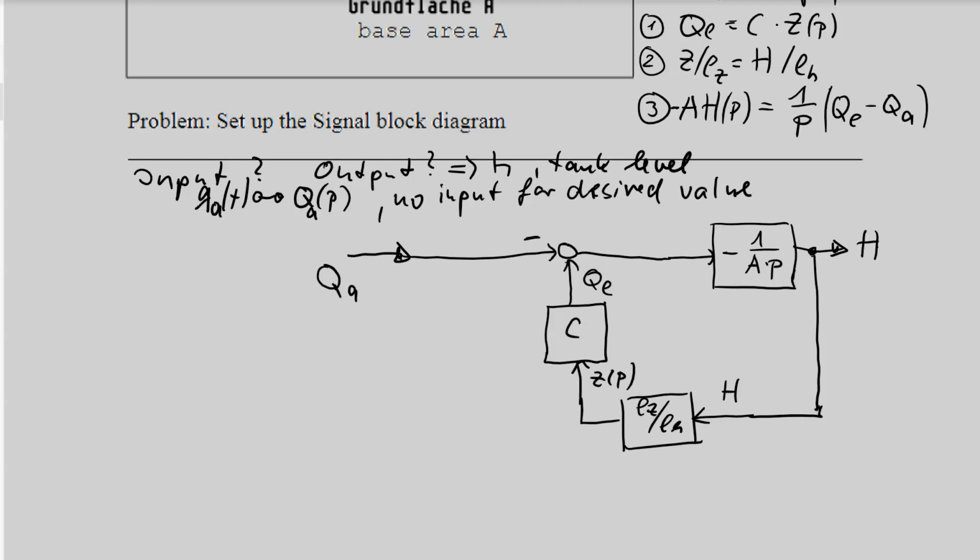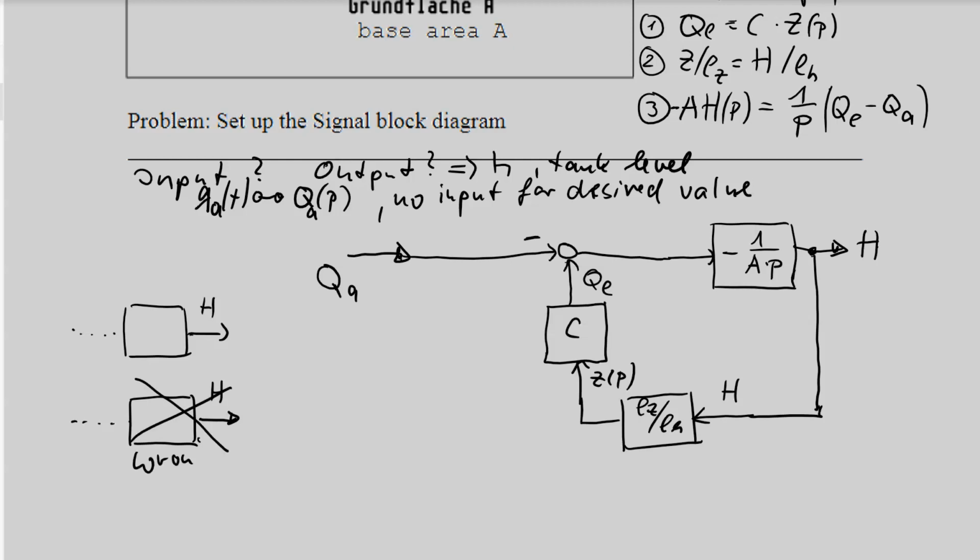Note, if in setting up a signal block diagram I have the following situation, say H, and I have another situation where I have also used an equation with an output H, then I have a problem, because two outputs with the same value cannot be connected. So this is wrong.